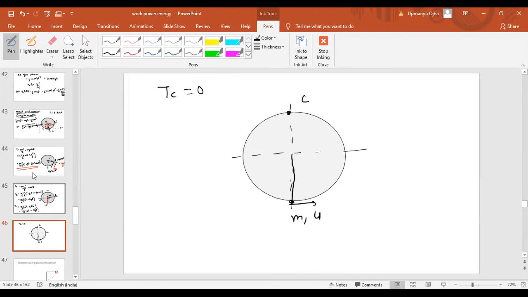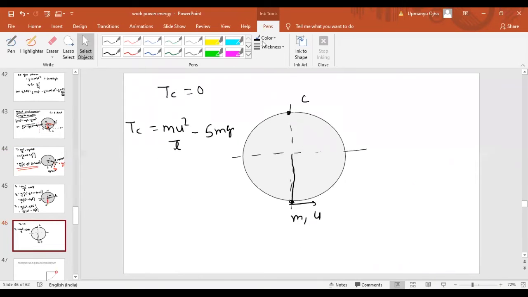Now, what is the value of tension at C? We have already found that tension at C is mu square by L minus 5 mg.